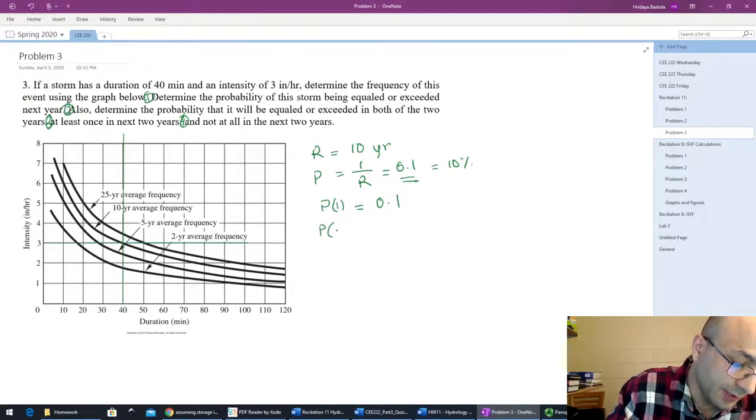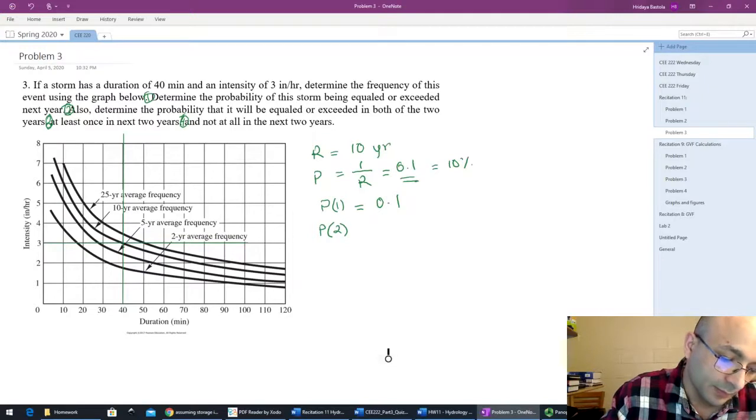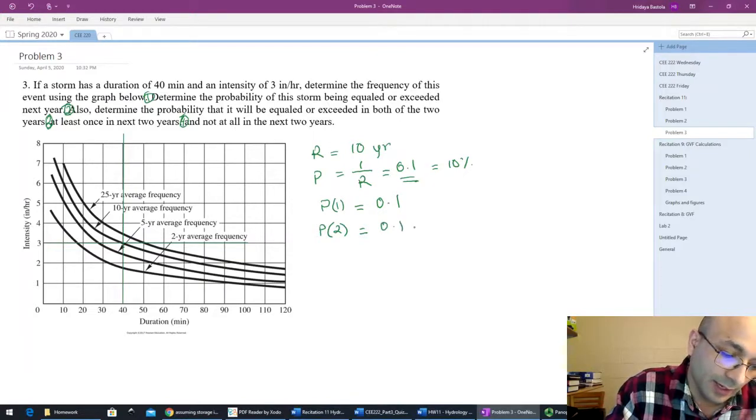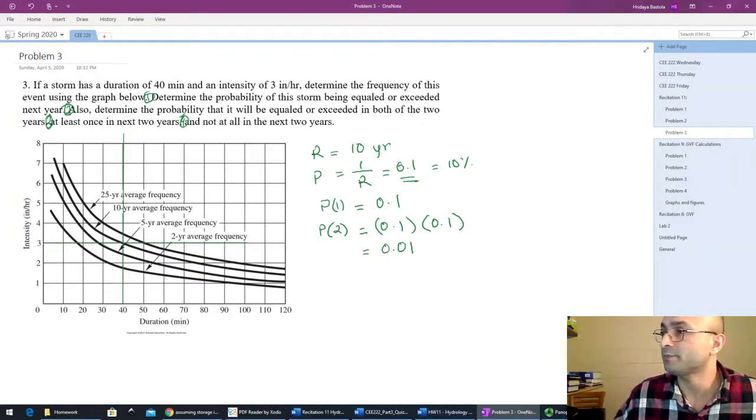The probability for case 2: it is exceeded or equaled in the first year, so 0.1, and in probability, and is multiplication, so it's equaled or exceeded also in the second year, so that'll give us 0.01 for case 2. And that equals 1%.